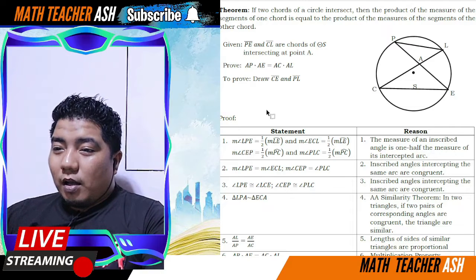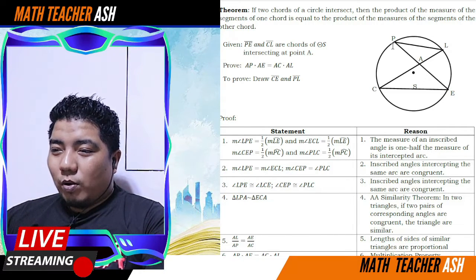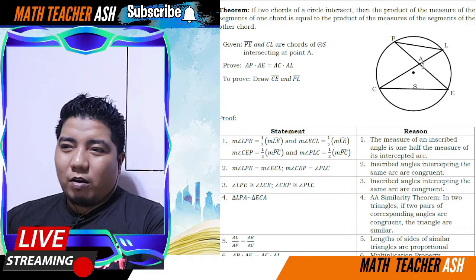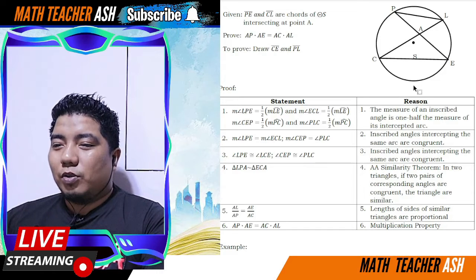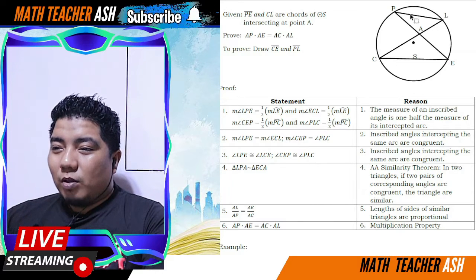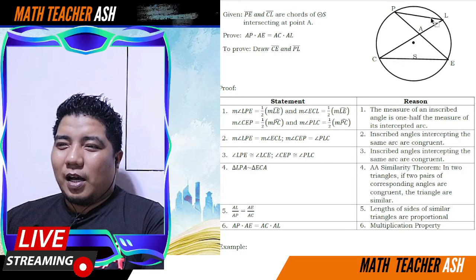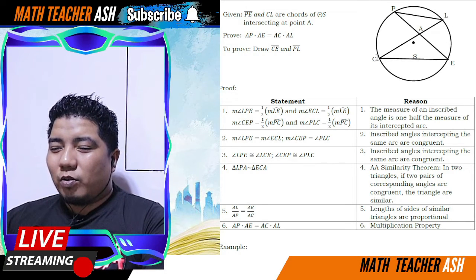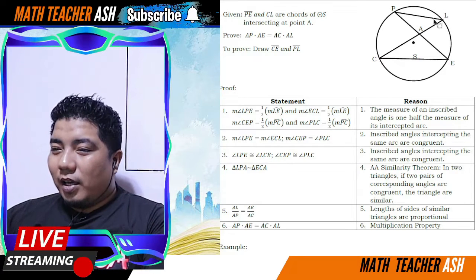So how do we prove that this one and this one, this one and this one, or the product of the two segments are equal? Okay, so yun nga, gumawa siya ng another line for this one and another line connecting the two chords.